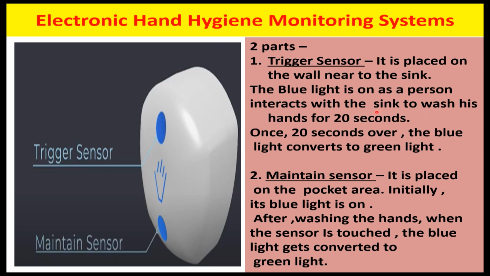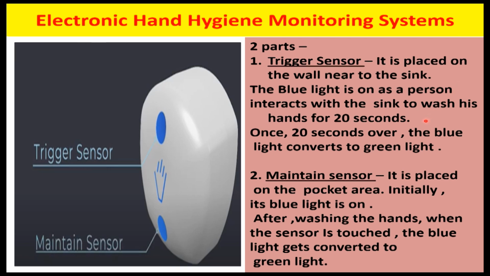Initially it's blue, then it turns green. Then the maintain sensor is fitted onto the pocket of the person washing the hand, and as the person touches the washed hand onto his pocket, the blue signal turns into green. That's the work of the electronic hand hygiene monitoring system, ensuring that your hand is clean enough.